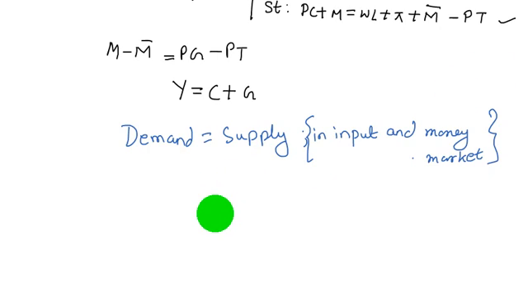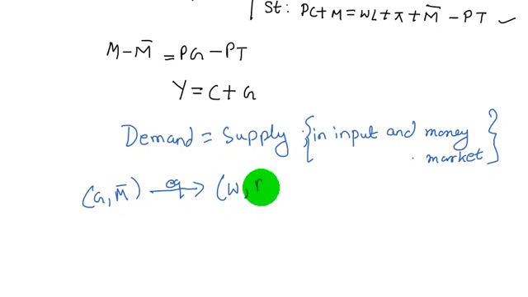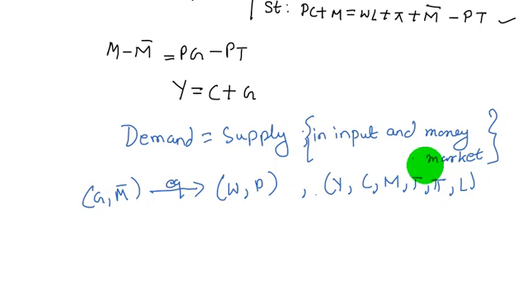The government budget constraint is thus satisfied, and the utility maximization problem is also met. Therefore, given the exogenous variables G, M bar, the equilibrium of the above economy consists of the prices W and P, and the endogenous variables Y, C, M, T, pi and L, such that the above mentioned conditions hold.